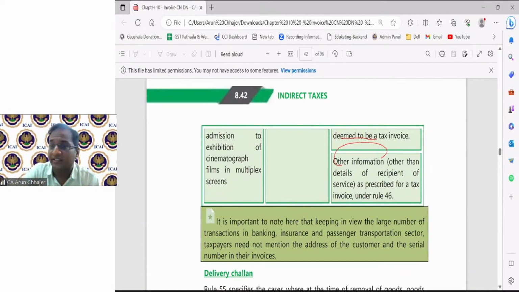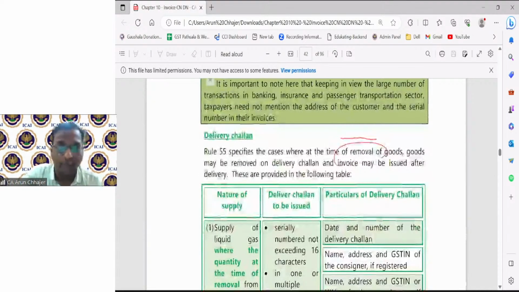In all these four cases, if you recall the provision of e-invoicing, all these four are exempted because in this case, certain information are relaxed, and if these are relaxed, then probably they will not be able to generate e-invoice or they will not be able to comply with the dynamic QR code. Okay, I hope it is clear.